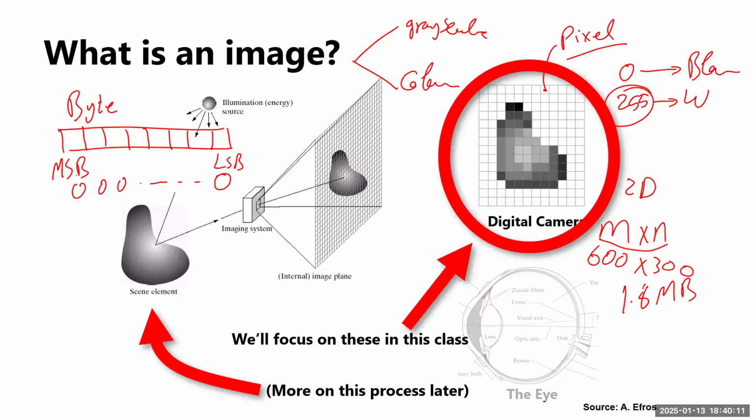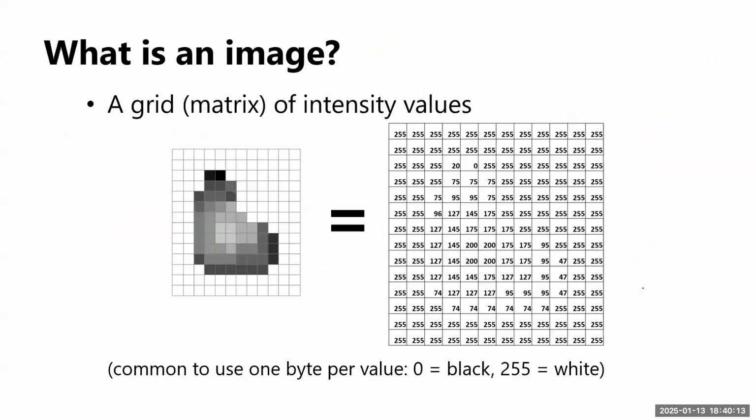Okay. How about, so now this is the image. It will become a matrix that has dimensions.